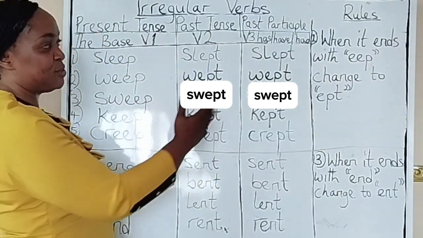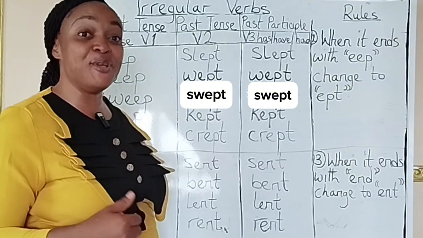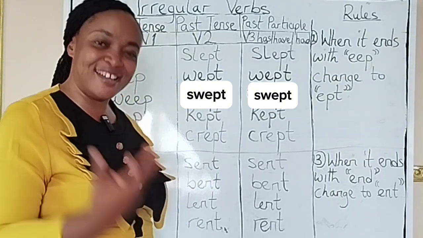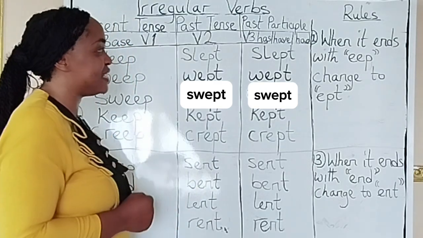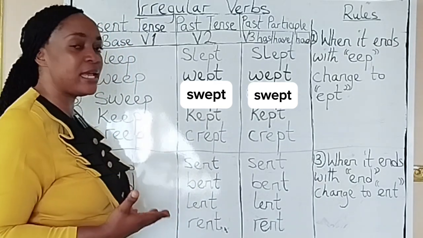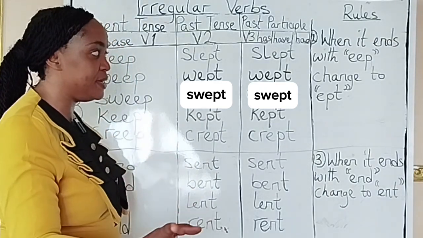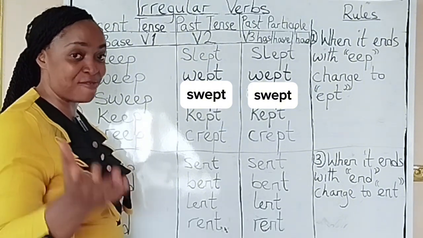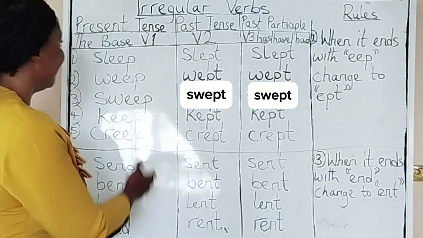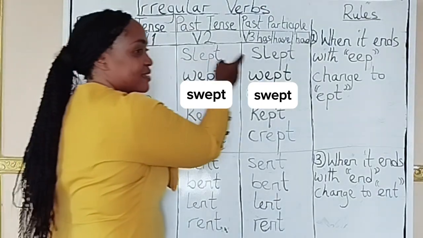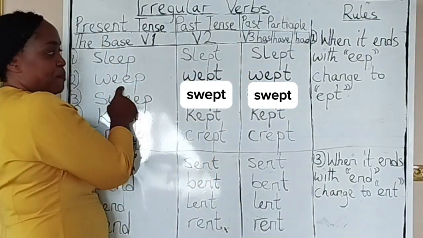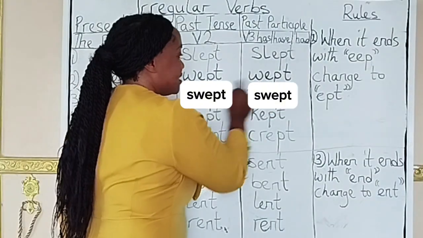Okay, rule number 2. Remember I told you we are going to coin rules from the ruleless irregular verbs. Rule number 2 states, when it ends with eep, E-E-P, change to ept, E-P-T. Can we do that together? Okay. Sleep, slept, slept. Weep, wept, wept.